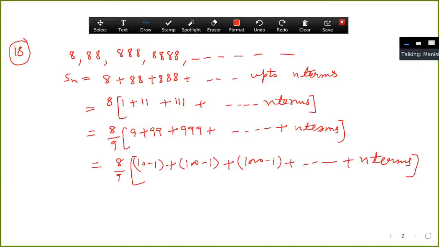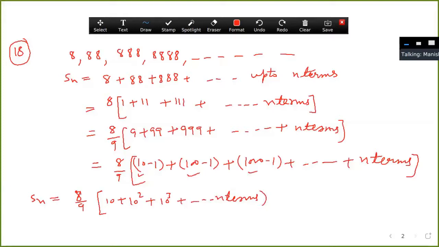Now Sn is equal to 8 upon 9. Collect the terms, first term from each group. What you will get? That is 10 plus 100, which can be written as 10 square, and 1000 can be written as 10 cube, up to n terms.